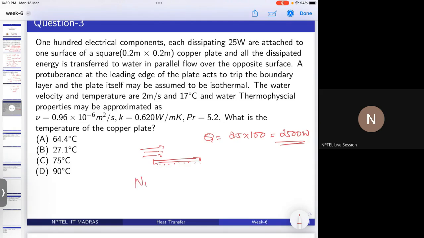With that, we can assume that the Nusselt number is equal to 0.0296 Reynolds number x raised to 4 by 5, Prandtl number raised to 1 by 3. Here we should take the local or average heat transfer coefficient or average Nusselt number.